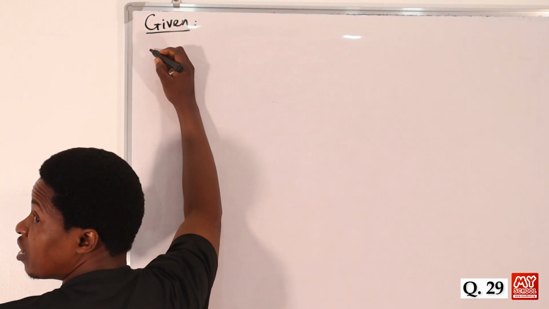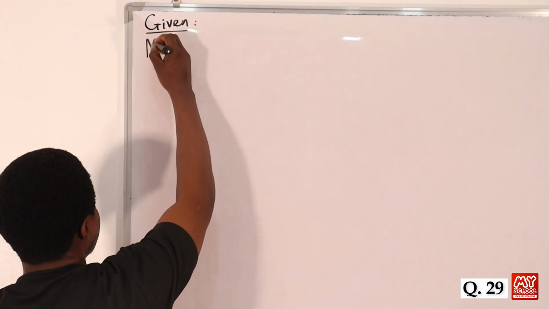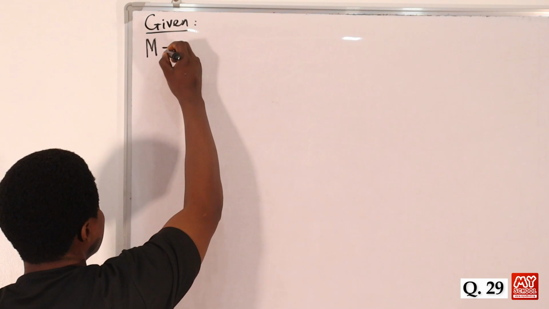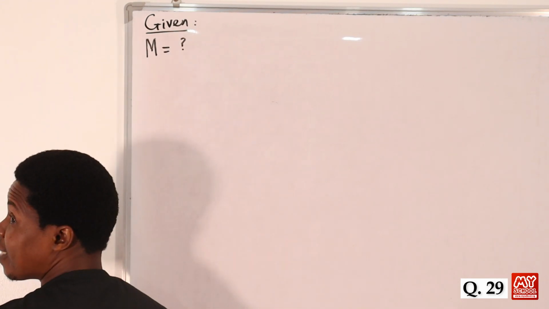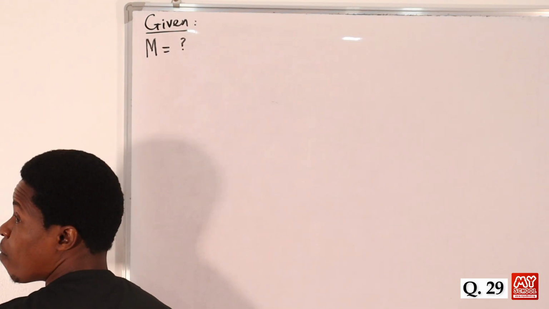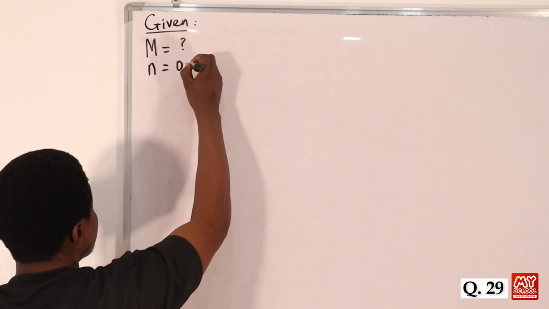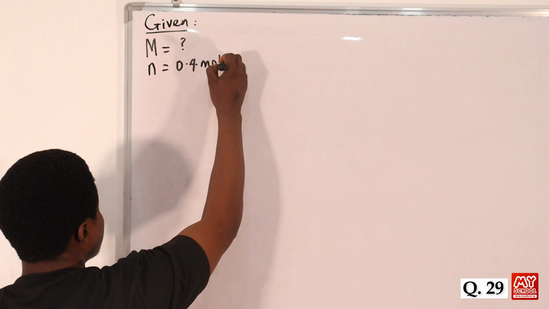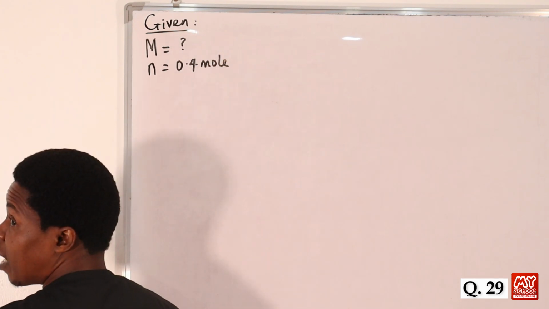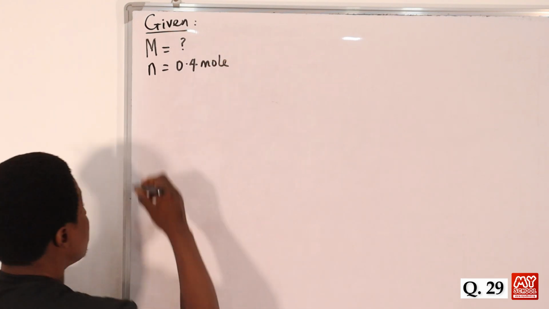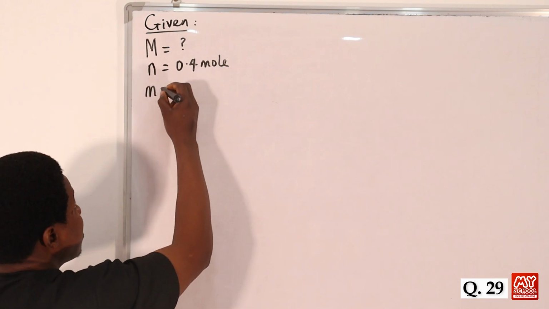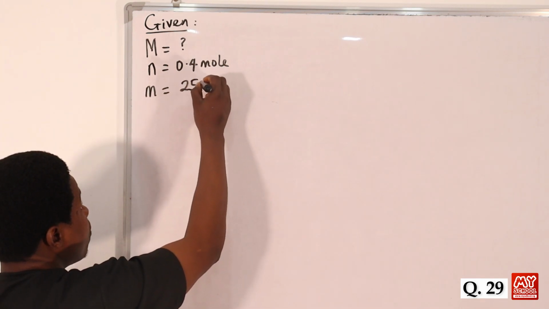We're asked to find the molar mass of a substance, so I will write molar mass is question mark. That's what we want to find. Number of moles is 0.4 mole, and the mass is 25.0 gram.